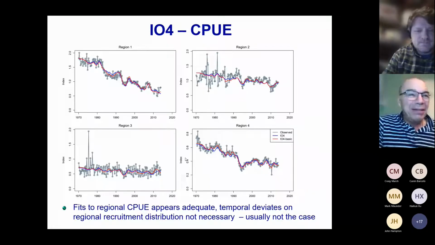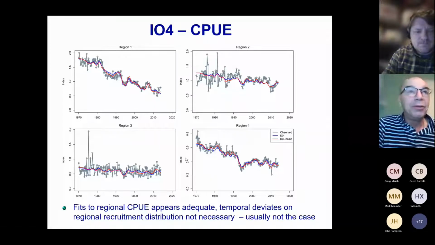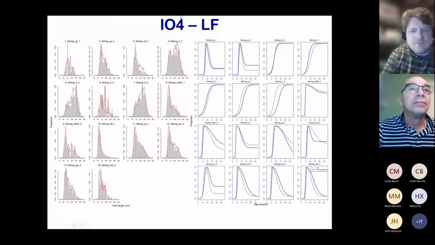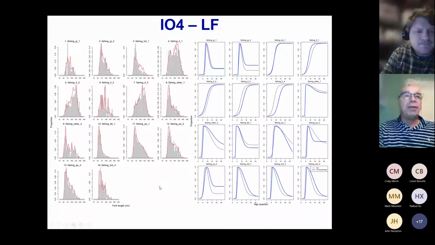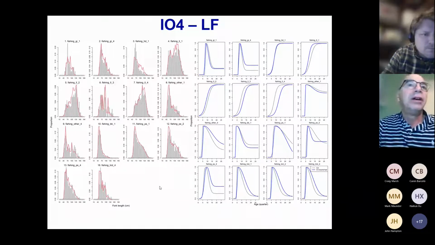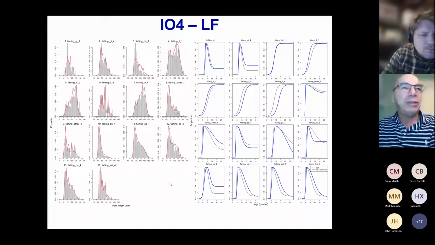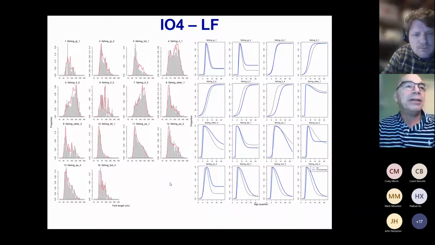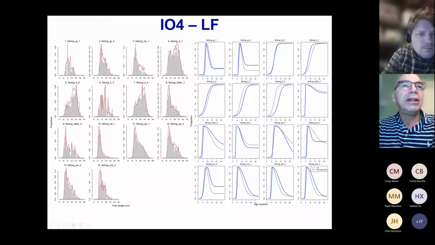And then the fits to region 3 and region 4 are all quite reasonable here. In terms of the fit to the length frequencies, most of them are reasonable, and the handline in area 1 is not fitting the right hand shoulder very well.